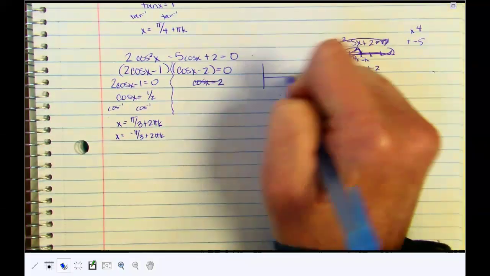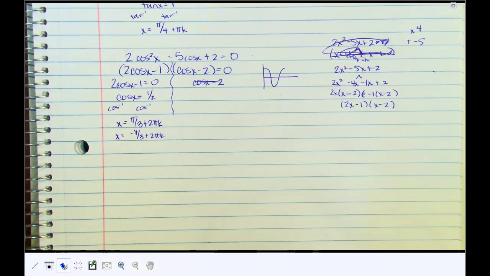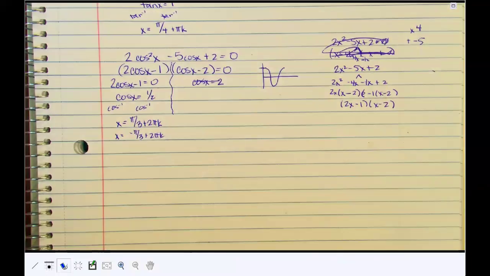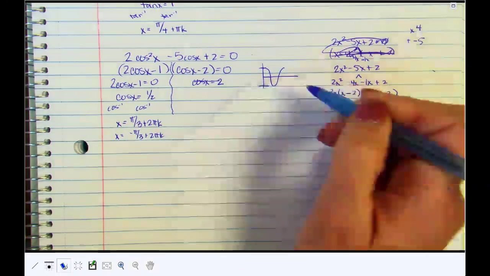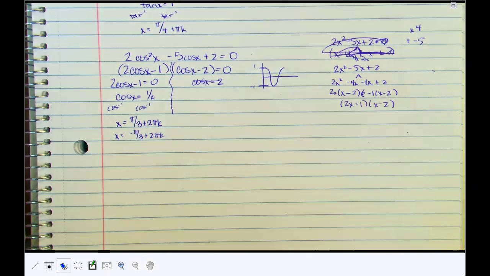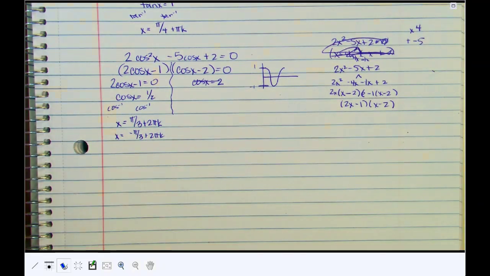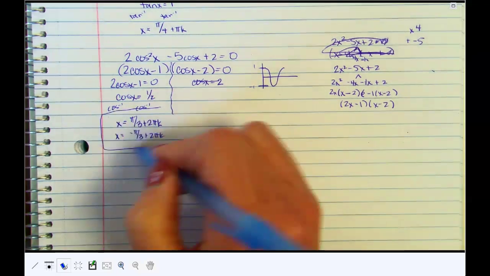If you're wondering why not, think about a graph of regular cosine. What's its maximum? 1. What's its minimum? Negative 1. So cosine never equals 2. It has to be between 1 and negative 1 if you're going to be able to solve it. If it's not, just cross it off and you're done. So 2 answers on this one.